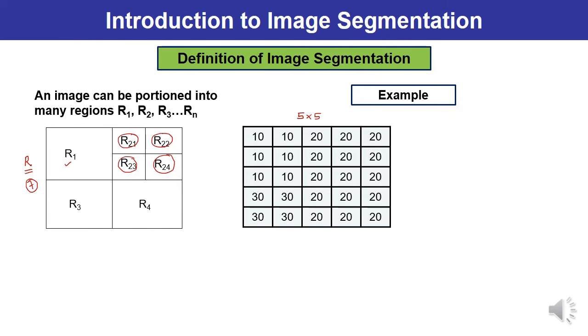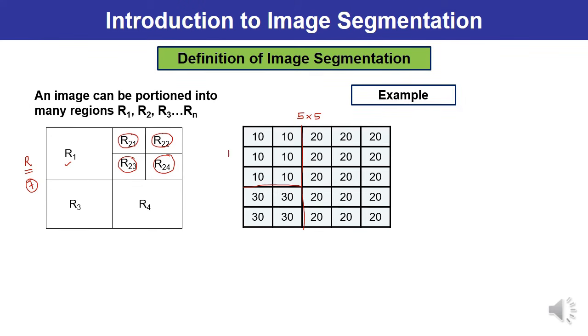You can identify in columns 3, 4 and 5, all the values are the same. While in columns 1 and 2, up to the third row, up to this particular point, all the pixel values are the same, 10. Here in the second part, 30, 30, 30, 30, the pixel values are the same.